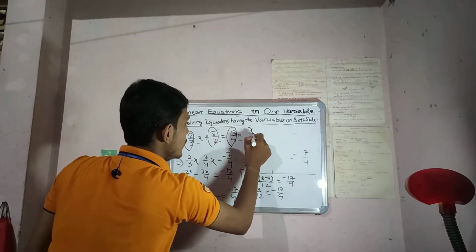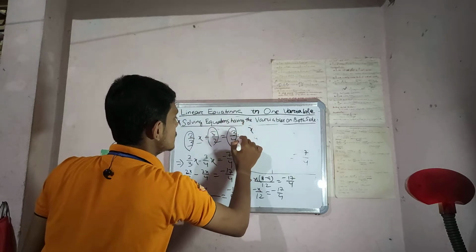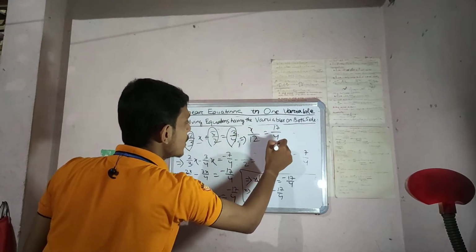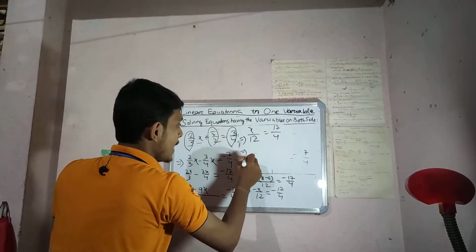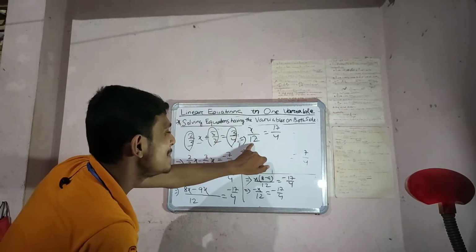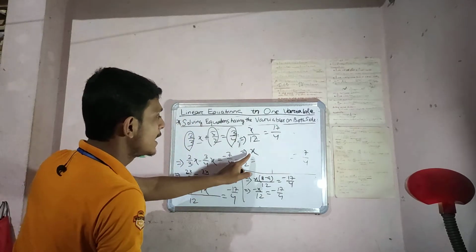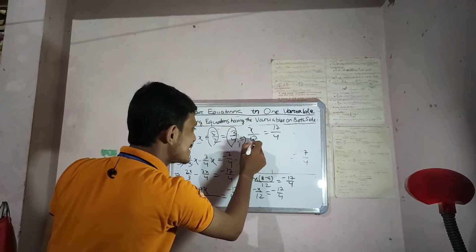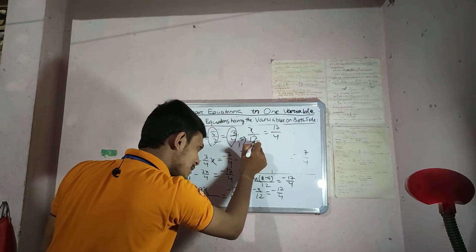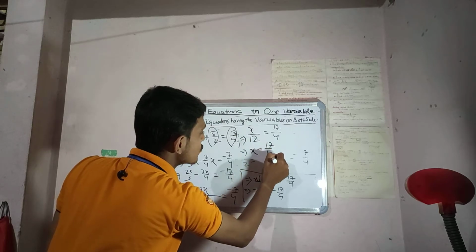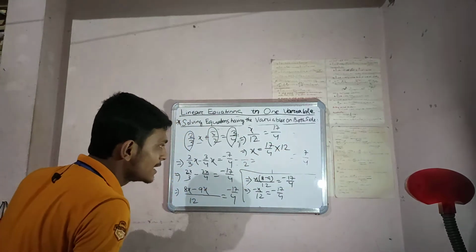So we have x upon 12 = 17 upon 4. See, x upon 12 means x is divided by 12, and I want only x. So 12 is divided on the left hand side, when it changes the side, it is multiplied, so I multiply 12 on the right hand side.